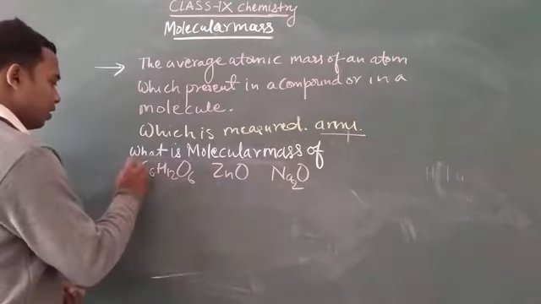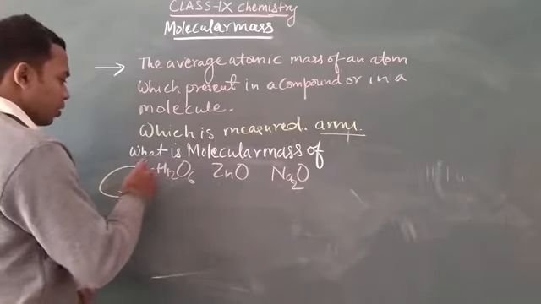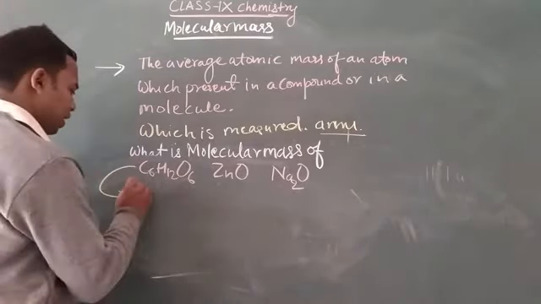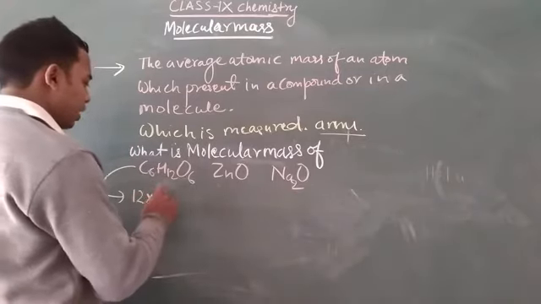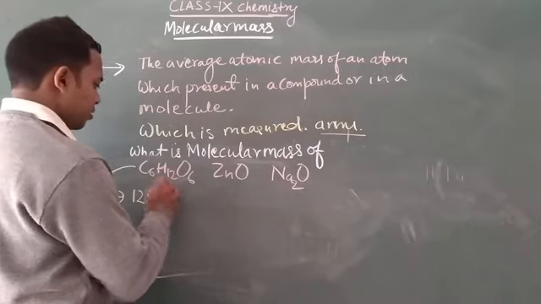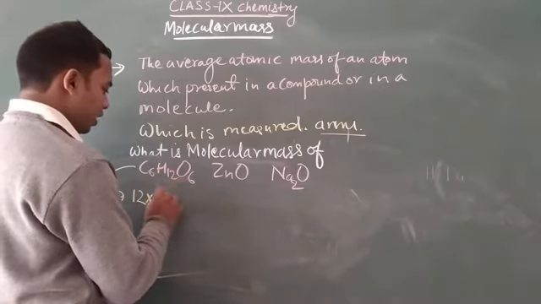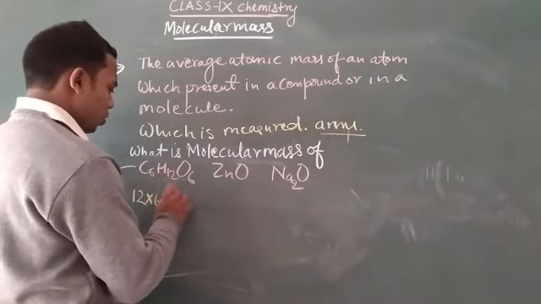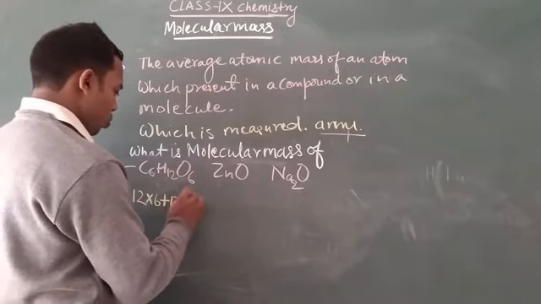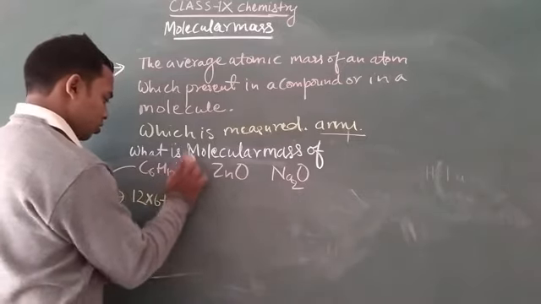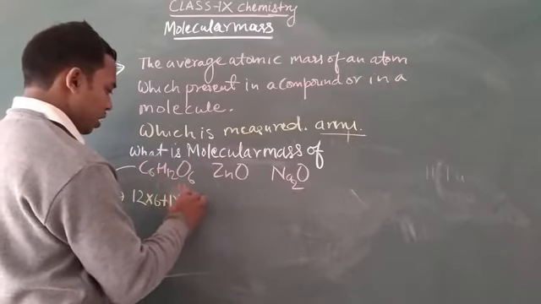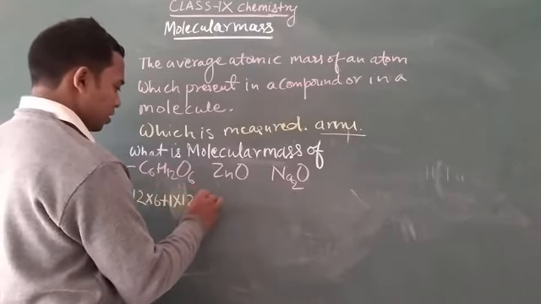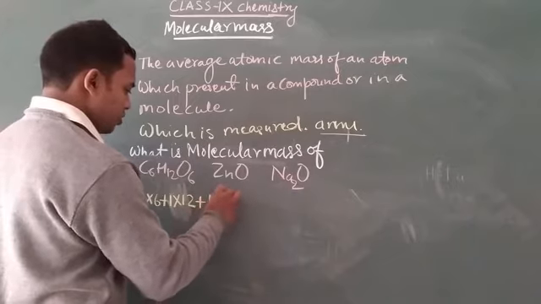Now see, carbon is 12 so we will do 12 into 6. Let's see carefully, and here is plus hydrogen, the atomic mass into 12, and plus 16 into 6.